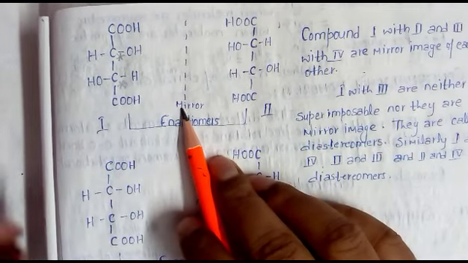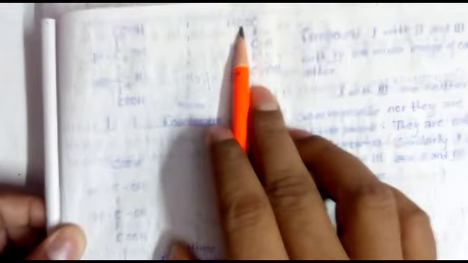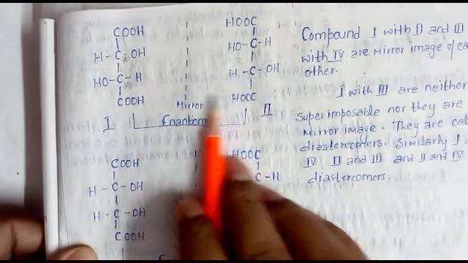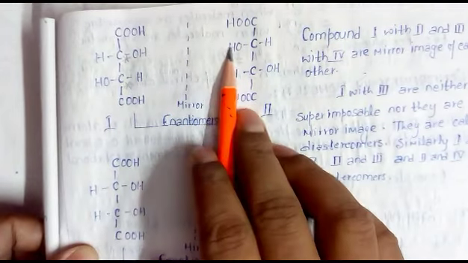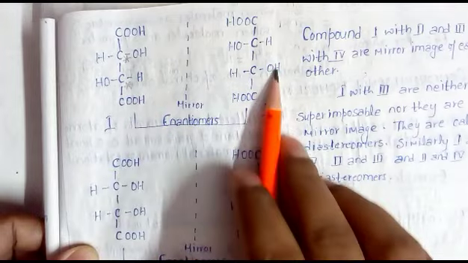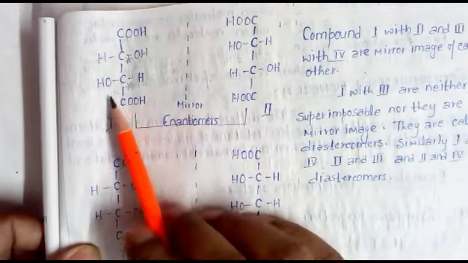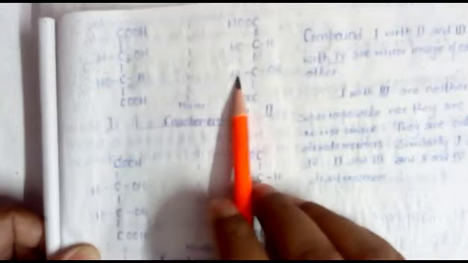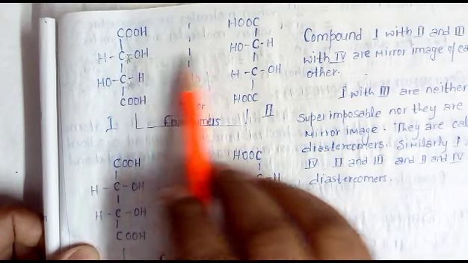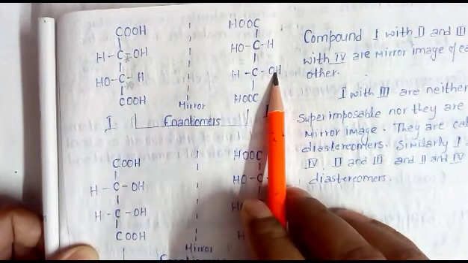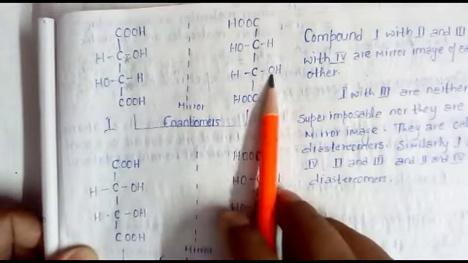This is the mirror, and in the mirror image, CHO can look like this. Similarly, CHO at the bottom also looks like this, and the OH groups are at the opposite position with respect to this structure. It means these two molecules are absolutely mirror images, because at the second carbon a hydroxyl group is also present, at the third carbon a hydroxyl group is also present, and these mirror images are non-superimposable to each other.